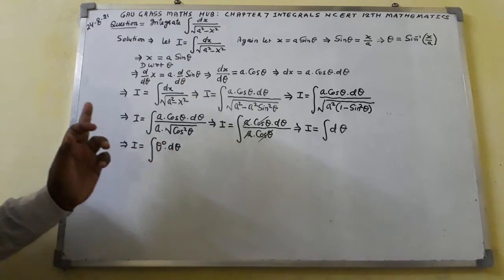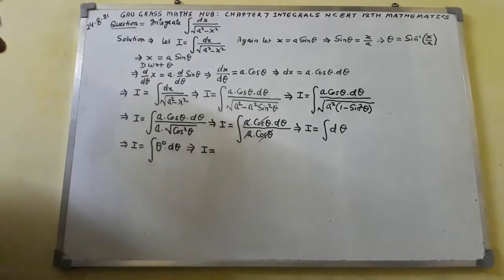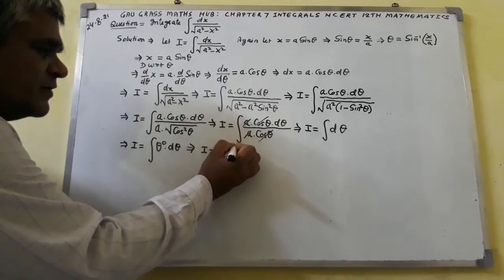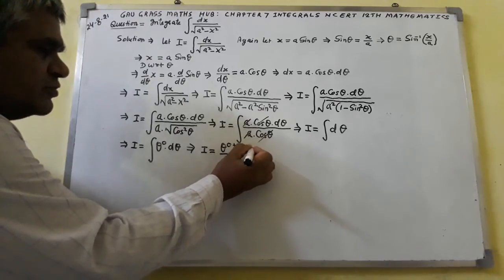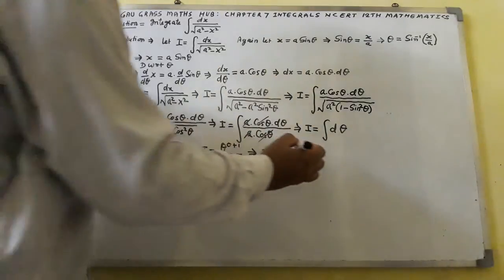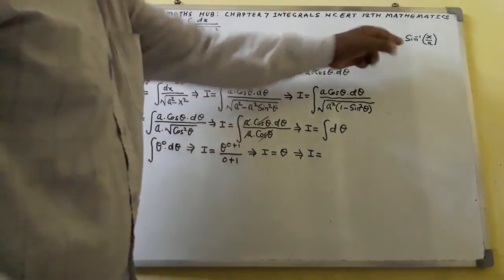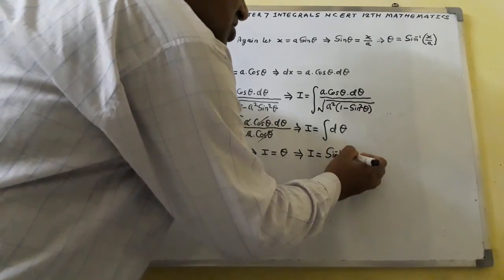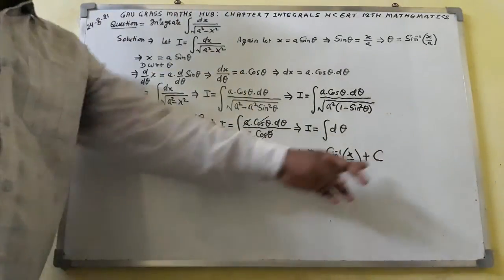So we get I equals theta raised to the power 0 plus 1, whole over 0 plus 1, which comes out to be theta. Here the value of theta I shall write as sin inverse x over a plus c. Here c is a constant.